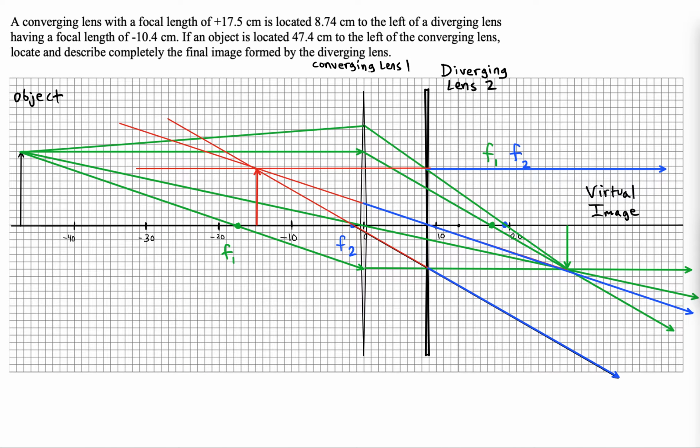There we go. That's the construction. So this would be our final virtual upright image.